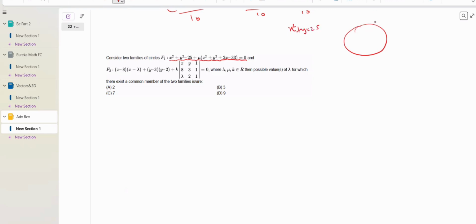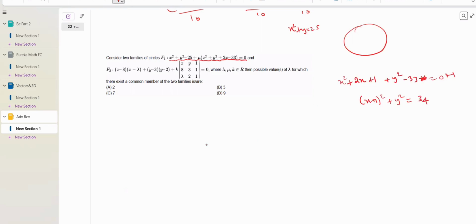And x square plus y square, you can rearrange the second circle equation. Get x square plus 2x plus 1 you can introduce, plus y square minus 33 plus 1 equal to 0. Sorry, plus 1 on the right side. That will give me x plus 1 the whole square plus y square, and this minus 33 you can write 34, take it to the other side.